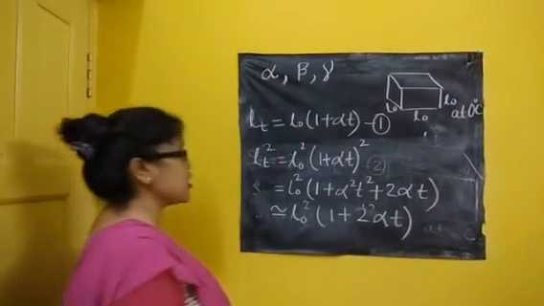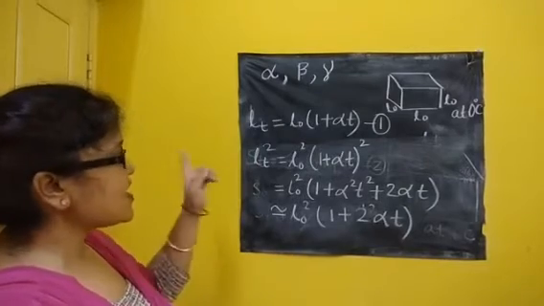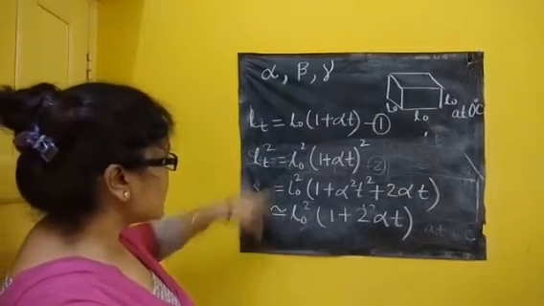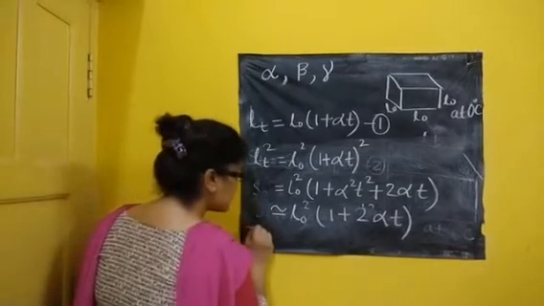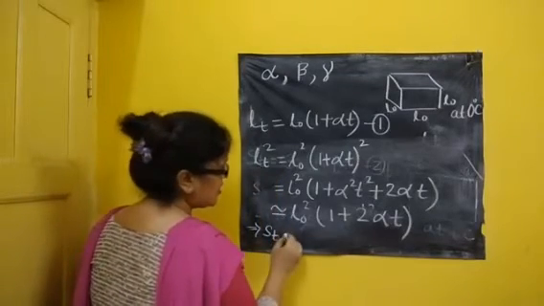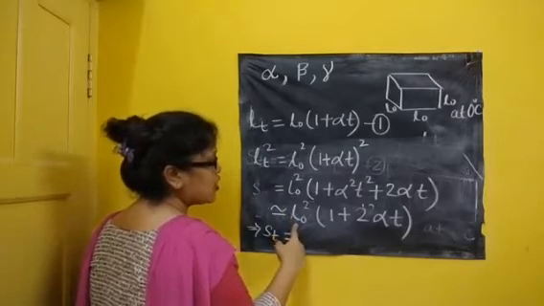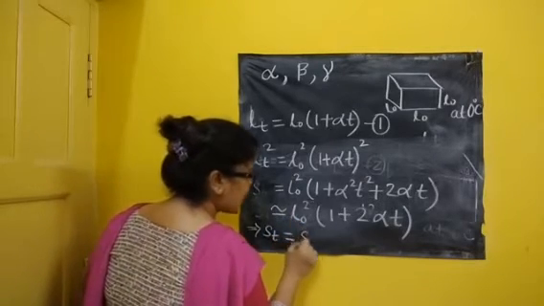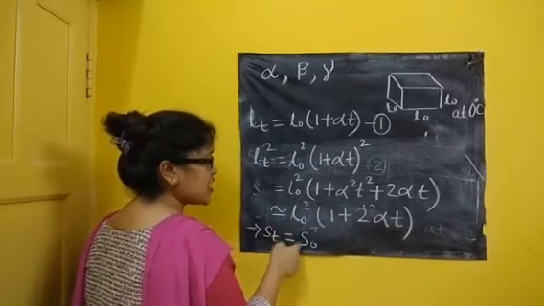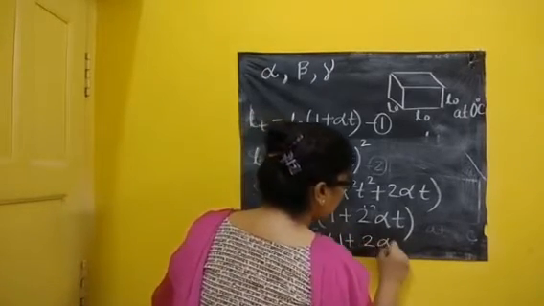Now see, in equation 2 we know ST is equal to LT square. So in place of L0 square I can put S0, because S0 is just equal to L0 square, therefore ST equals S0 (1 plus 2 alpha t).